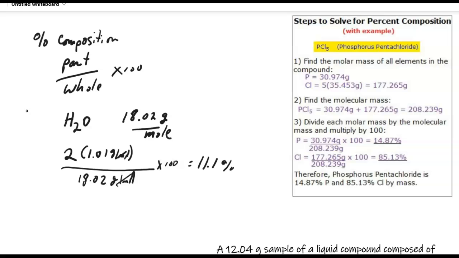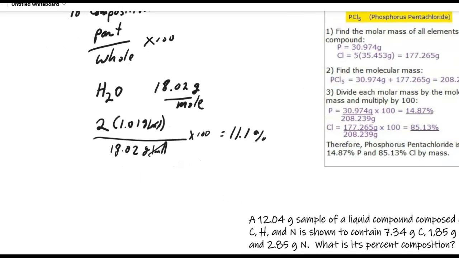Well, let's figure out what it is for oxygen. There are 2 ways to do this. There are only 2 elements, so we could just subtract from 100. 100% minus 11.1, and you should get 88.9. But let's do it mathematically. So we're going to have 16.00 grams per mole divided by 18.02 grams per mole times 100.